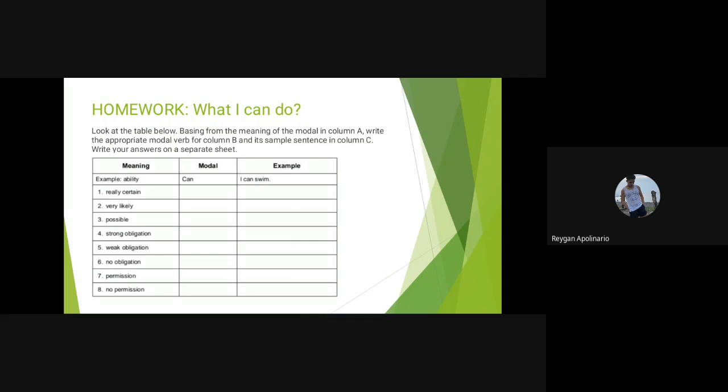For example, the meaning is ability, the modal is can, and the example is I can swim. This is your basis for working on items 1 to 8, meaning you provide the modal and the example sentence.